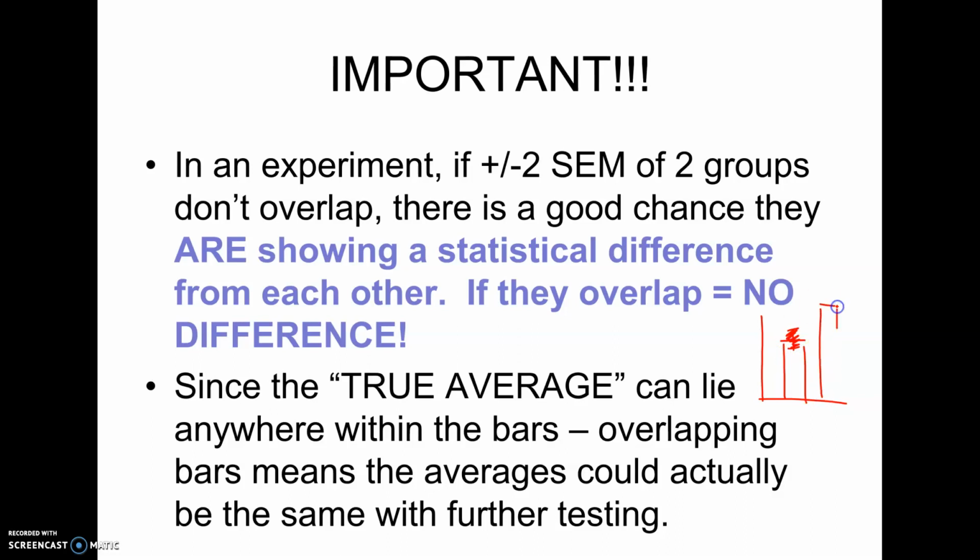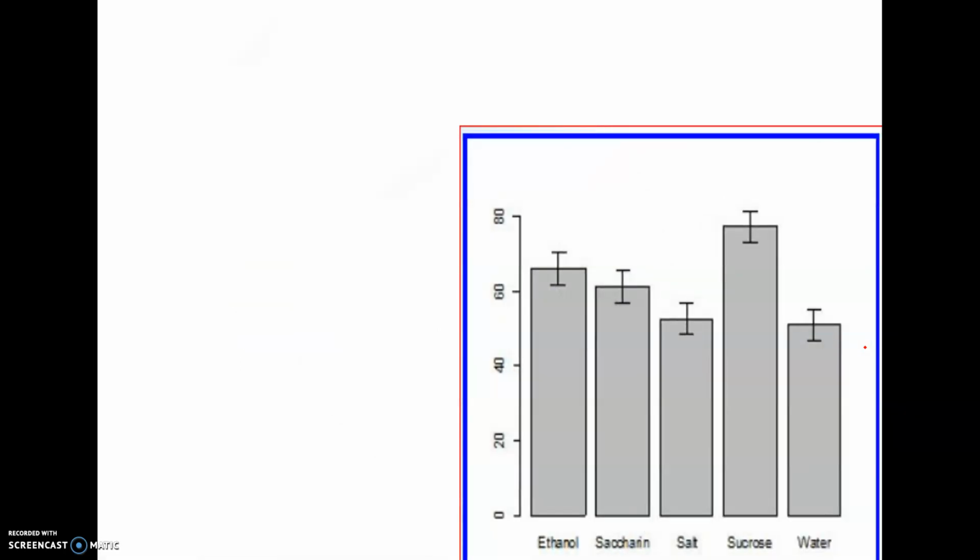If I have a second set of data and my bar looks like this, and you're asked, is there a statistical difference between set A and set B? Your answer is no. Because in real life, we don't know. The real average could be anywhere in the shaded area. And these error bars overlap each other. So you would conclude there's no statistical difference between those two groups.